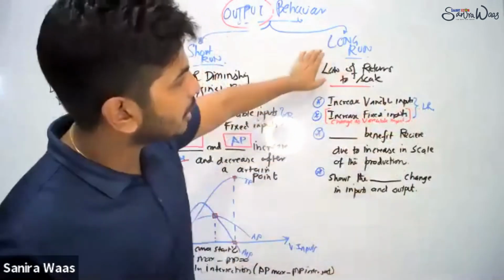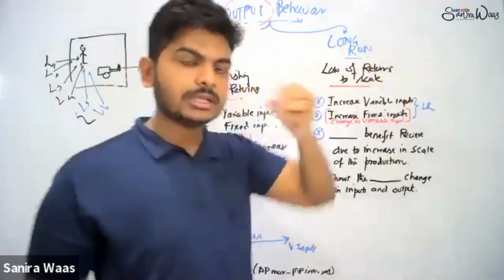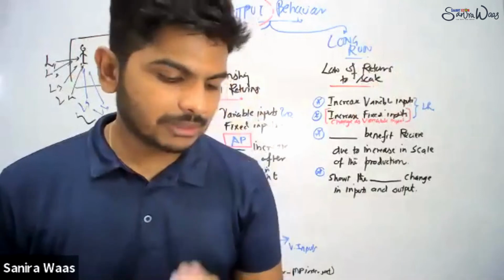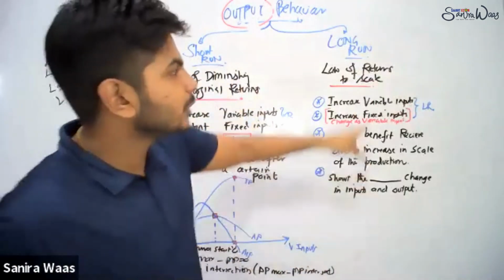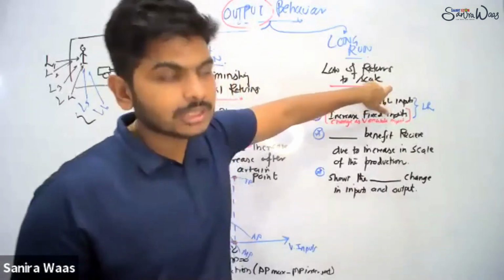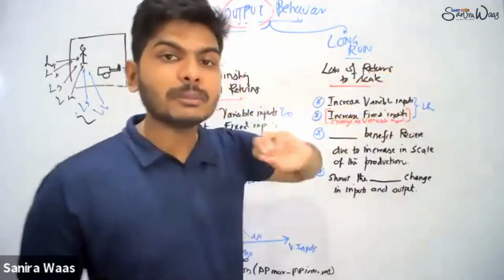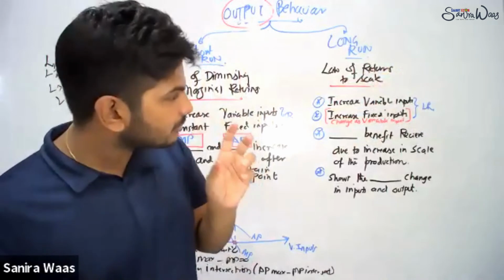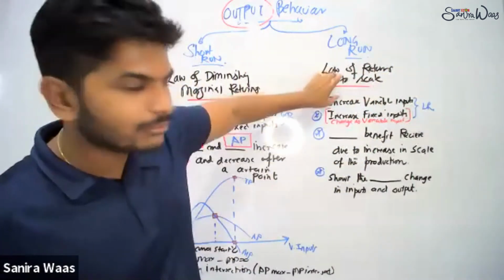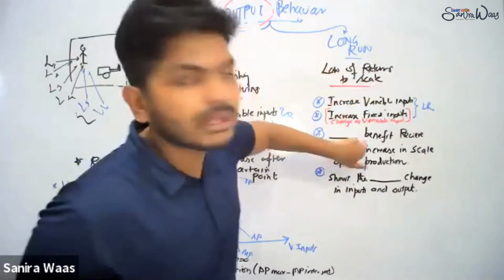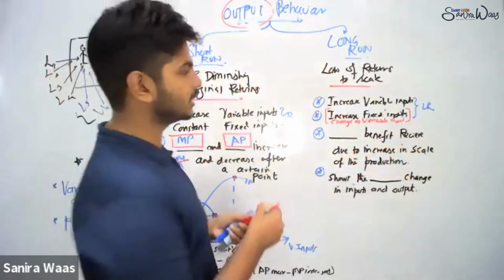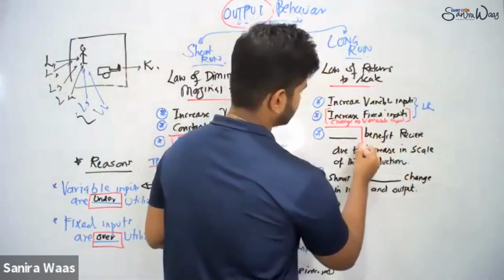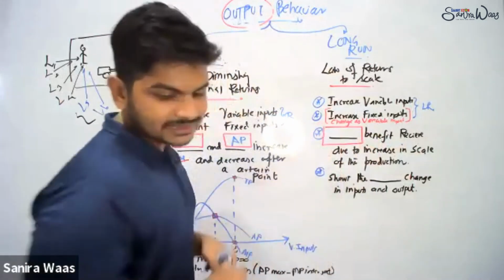So what do you mean by the law of returns to scale, right? Return to scale. Due to your scale increment, you get a return. Return is a benefit. Now tell me, does return to scale mean the real benefit received or the financial benefit? Yes, it is the real benefit.